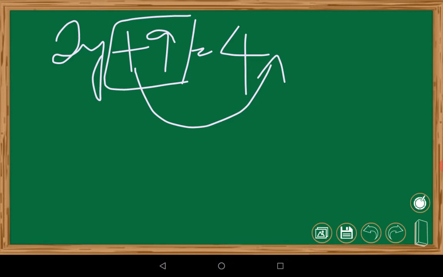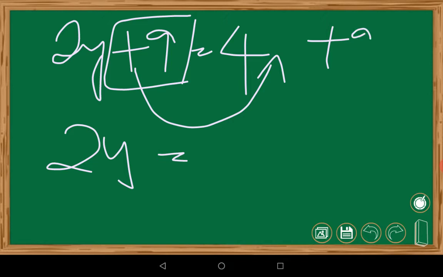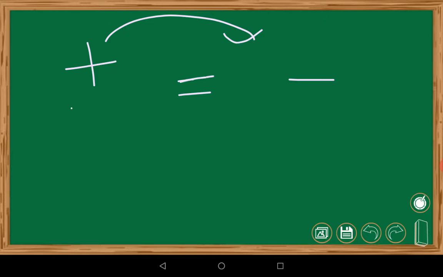So 2y is equal to, here plus 9 is there. When it is transposed, it becomes minus 9. Remember these things. Whenever plus is transposed from the LHS or RHS, from one side of the equality to the other side, it becomes minus.